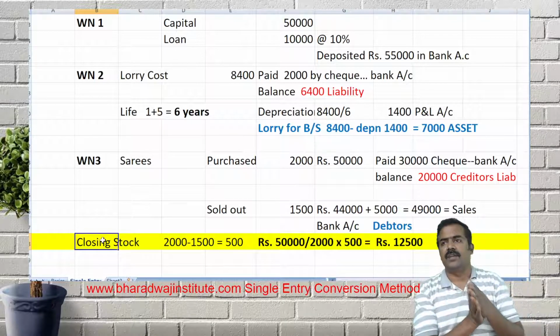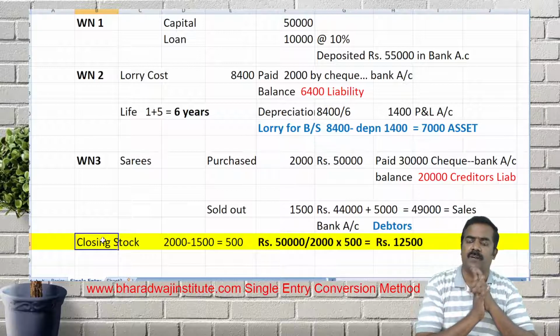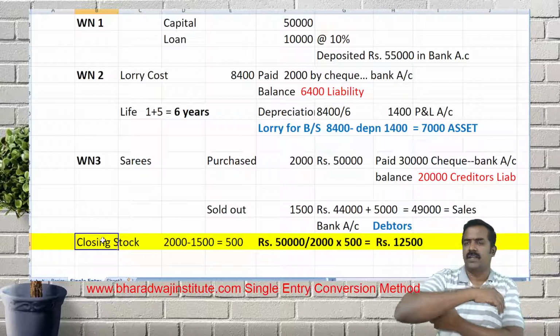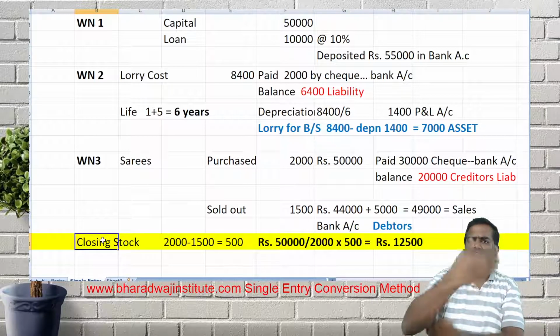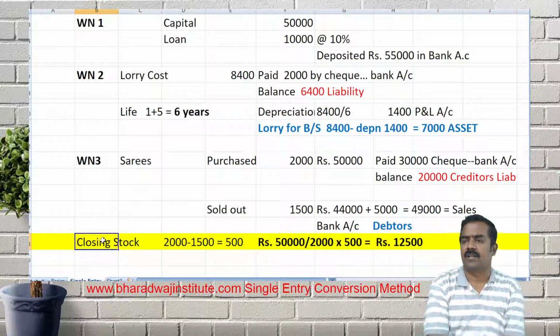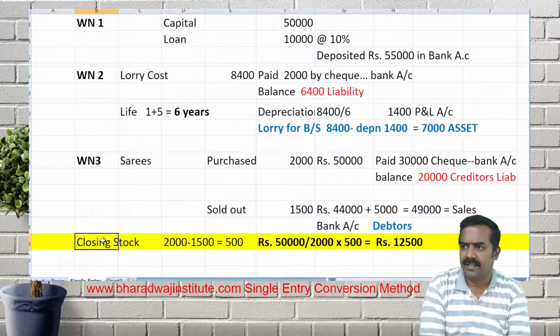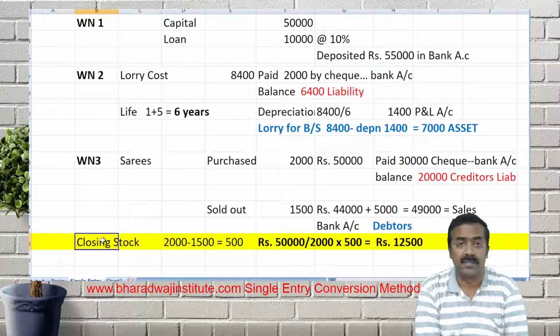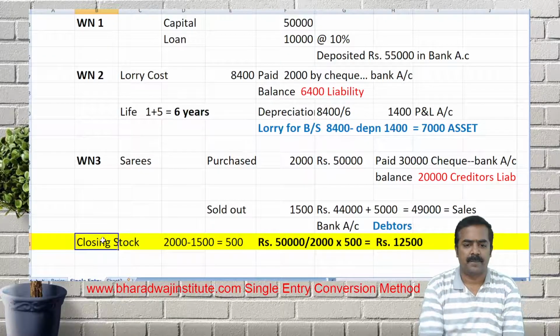If no market value is given, closing stock is generally valued at what price? Cost price. If nothing is given, cost price. Only when market value falls, or for scrapped or slow-moving items, you will consider cost or market value, whichever is less. Not always. In general, stock is valued at cost price.